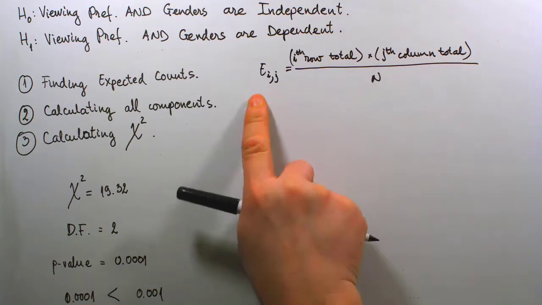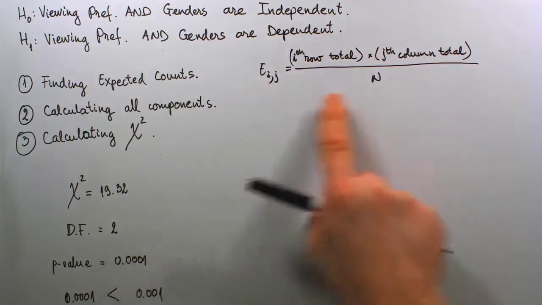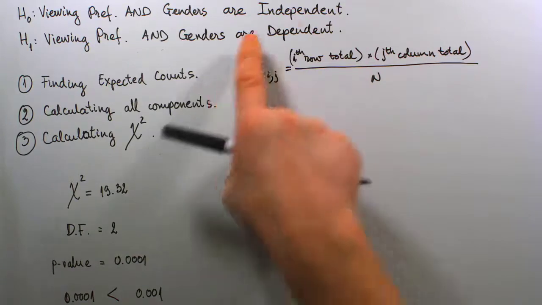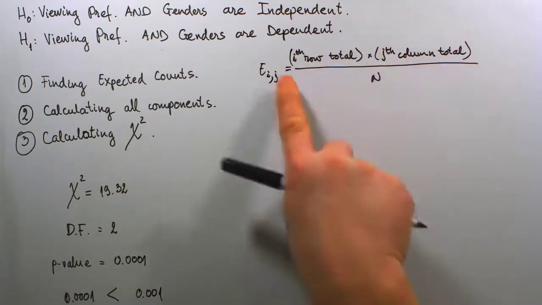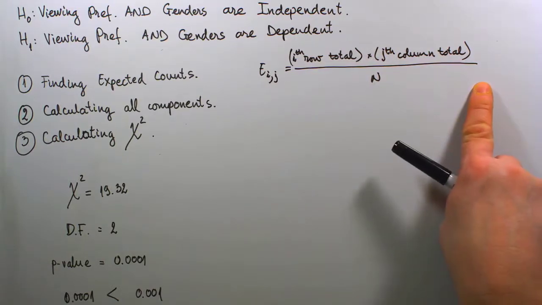How this formula was derived and how independence is connected with the expected count, all of those details must wait for a more advanced course in statistics.